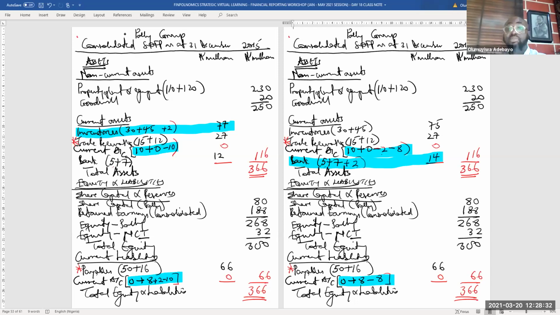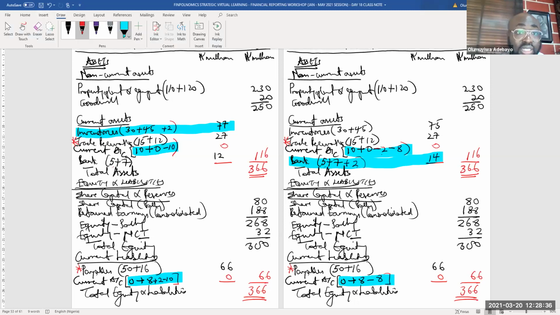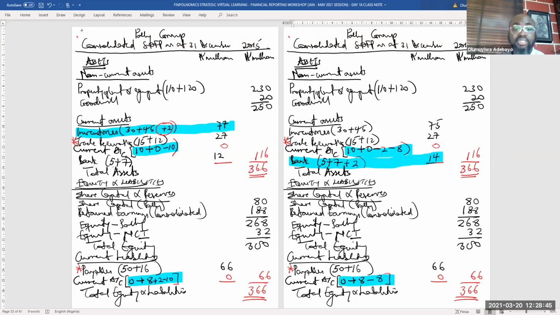But what matters is to identify whether the adjustment called for is against inventory, be it goods in transit, or against bank, be it cash in transit. Any question?